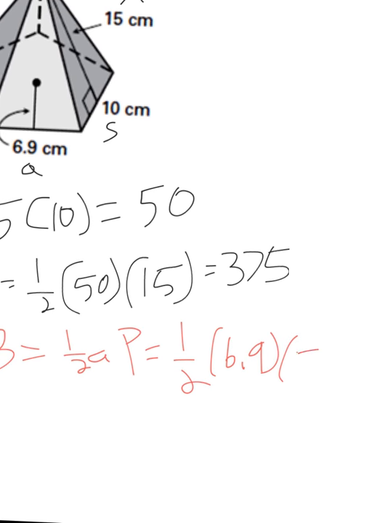So type all that into your calculator, 50 times 6.9 divided by 2, and you get 172.5.